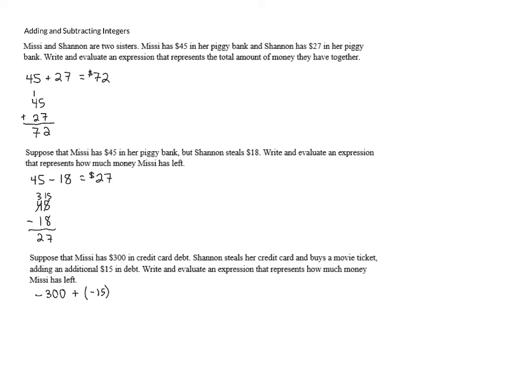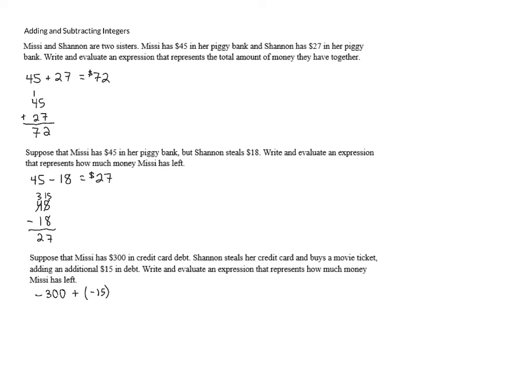So here we've got negative 300 plus negative 15, and this is no longer as straightforward as the other problems because we've got negatives in them. Now, what we're going to do here to figure out how much debt there is, we're going to add 315. Because they're both debts, they're both negative quantities, we add them together. They're both contributing in the same direction, the negative direction.